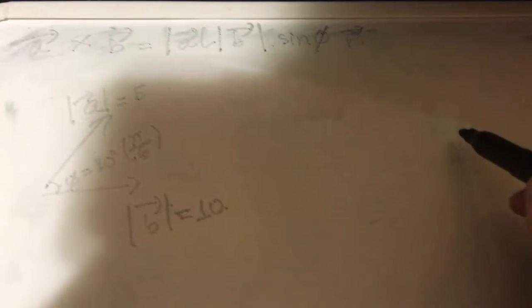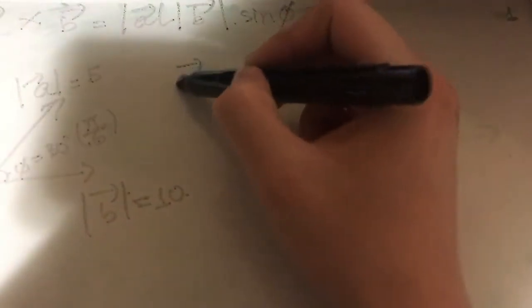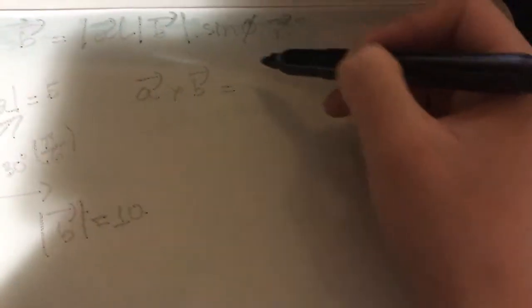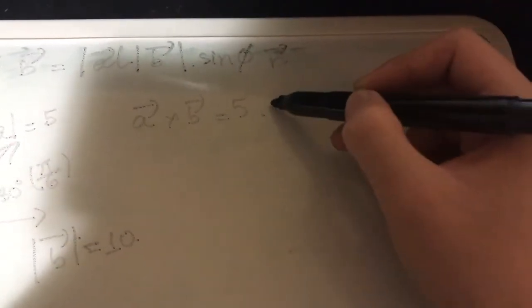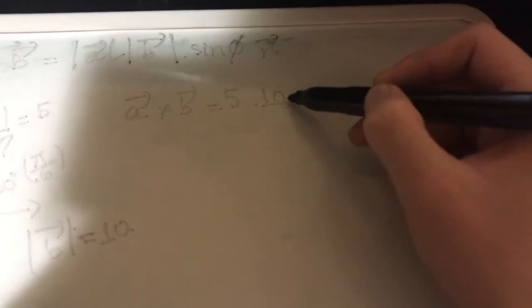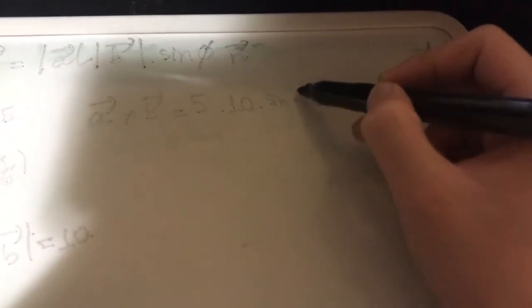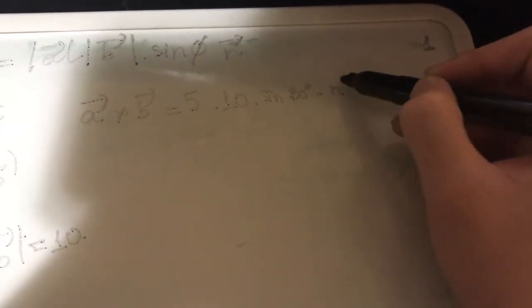So according to the formula, we will have vector A cross vector B will equal 5 times 10 multiplied by sin 30 degrees times the vector n.